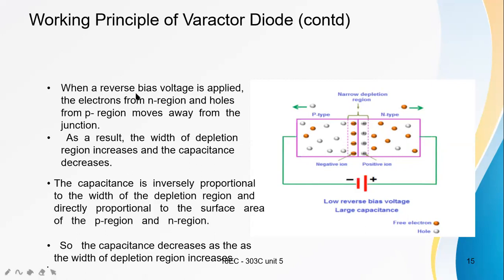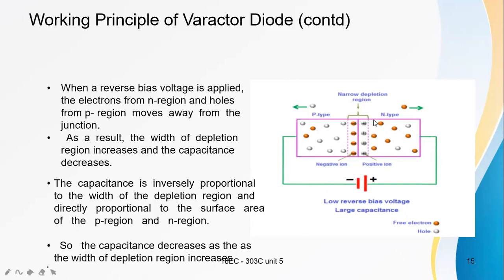When a reverse bias voltage is applied, the electrons from the N region and holes from the P region move away from the junction. That means the width of the depletion region increases. The width of the depletion region and the capacitance are inversely proportional.